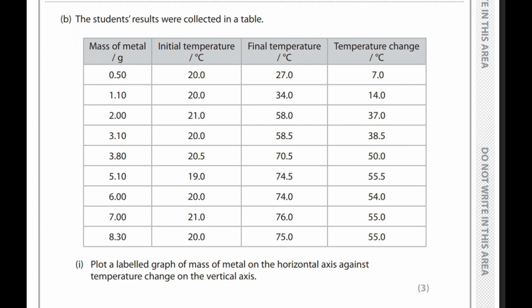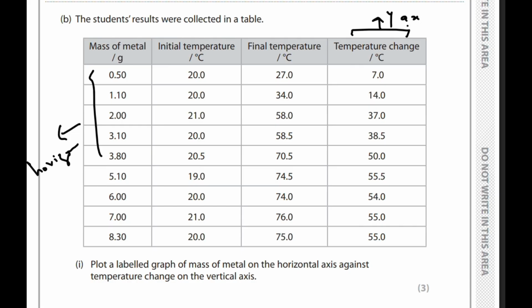Now the next part, the student results were calculated in a table. Plot a labeled graph with mass of metal on the horizontal axis. Now you need to plot a graph where you keep the mass on the horizontal axis and the temperature change on the vertical axis, the y-axis.